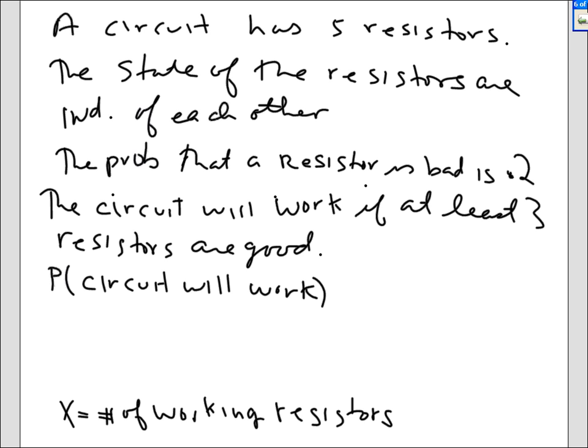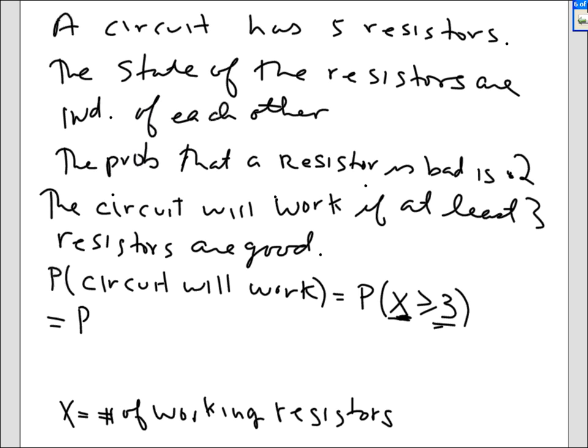I meant to put it in this line right here. But if you're really going to talk about the probability that x is greater than or equal to 3, you should state what x equals. x is the number of resistors. He wants to know the probability that the number of resistors that are working is 3 or more. At least 3.